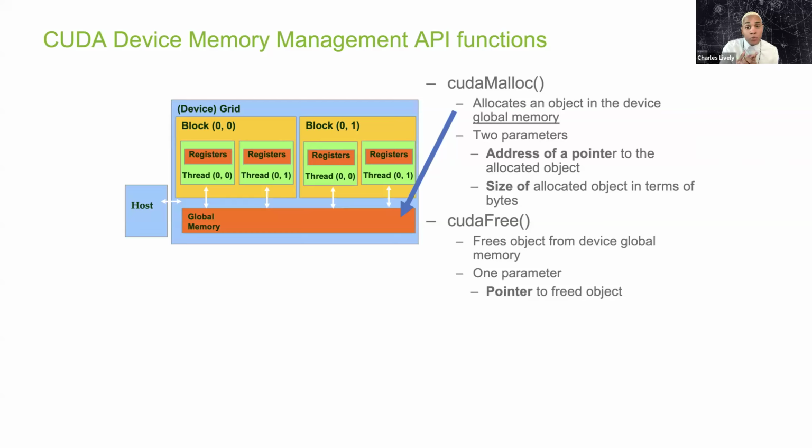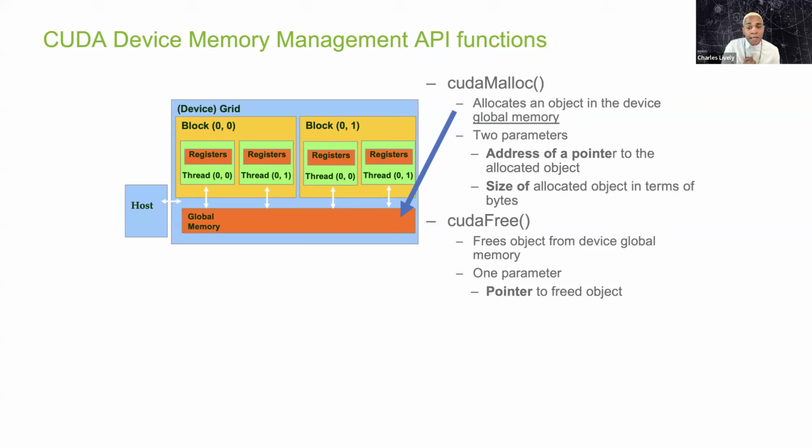So remember in part one, we have to allocate memory, and how that is done is using the cudaMalloc function. That's just going to allocate an object on the global memory for the host and the device to be able to access. You'll pass in the address of a pointer to that object, as well as the size of the allocated object in bytes.